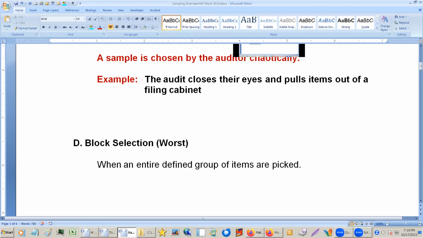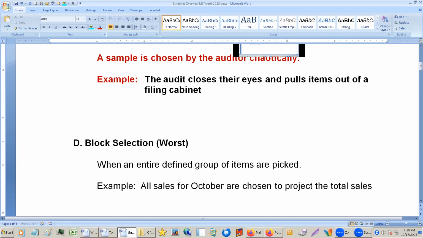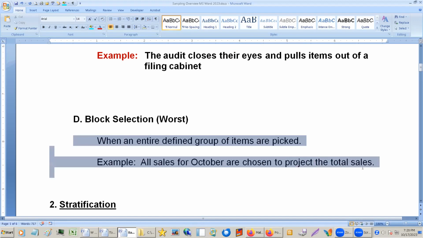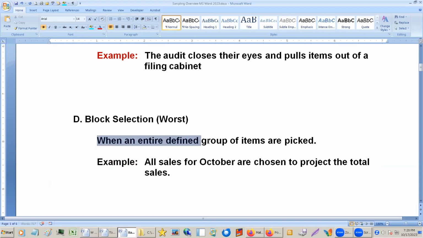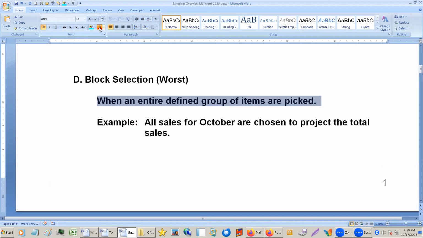And let me give you an example. So an entire defined group of items that are picked is a block selection.